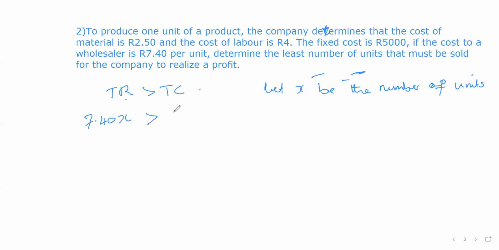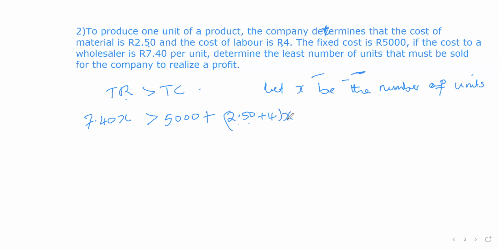Total cost is variable cost plus fixed cost. Variable cost is the sum of the cost of material and the cost of labor. These are all variable costs. Fixed cost is 5,000 plus variable cost, which is $2.50 plus $4, times X, because this is the variable cost to produce 1 unit.